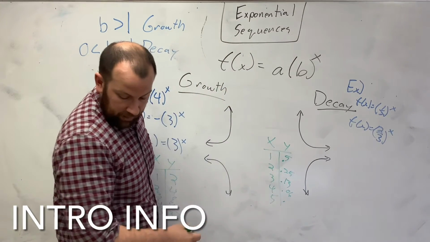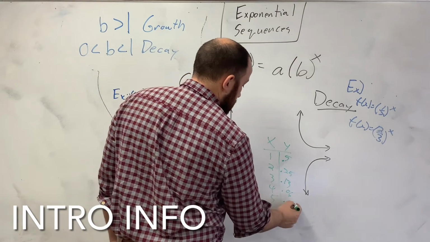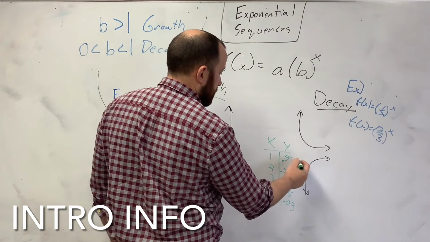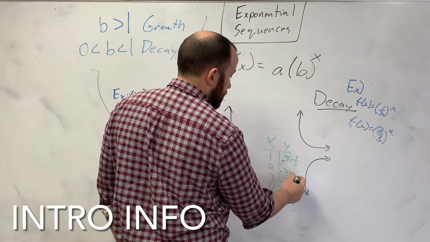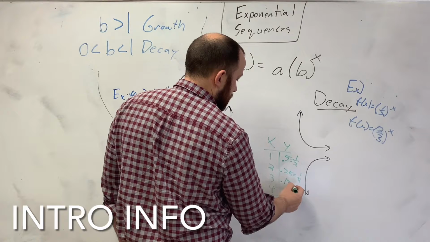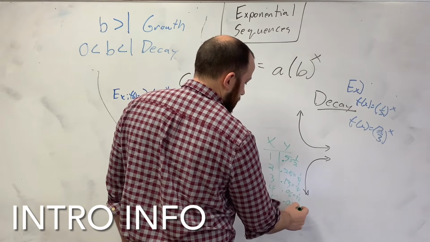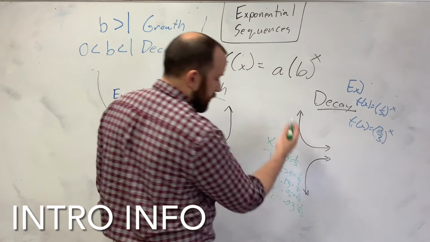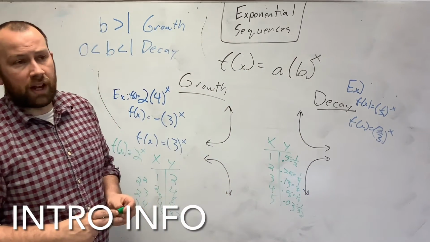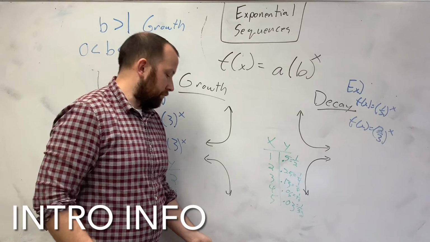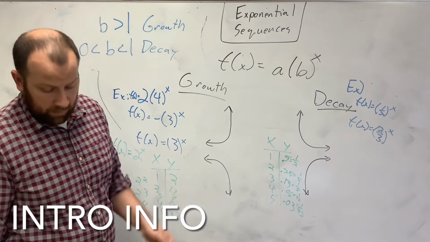It would look something like this: 1/2, 1/4, 1/8, 1/16, 1/32. I believe those are the fractions for it. So it can be in decimal or fraction form. You usually want to put it in fraction form because we don't really use decimals anymore.